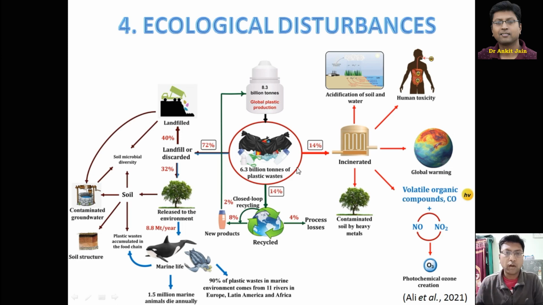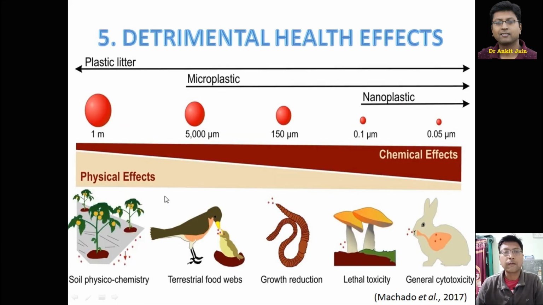They have different ecological disturbances, like 6.3 billion tons of plastic waste, about 72% of which is used in landfill, while 14% is incinerated. Incineration leads to global warming, human toxicity, and acidification of soil. Landfilling leads to pollution of different ecosystems like marine and soil ecosystems, and it decomposes in the landfills.